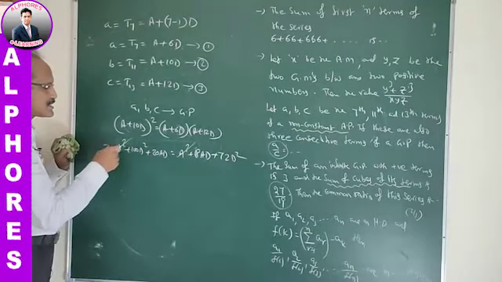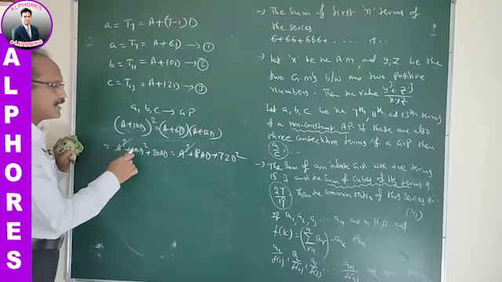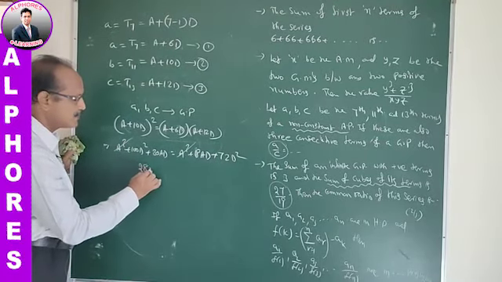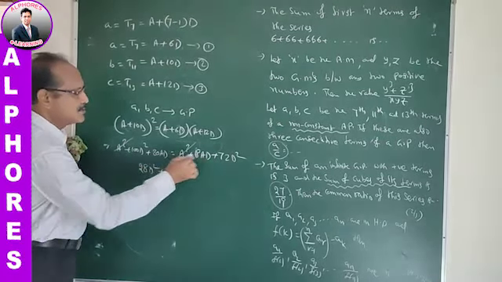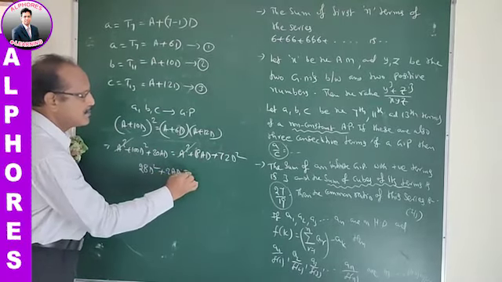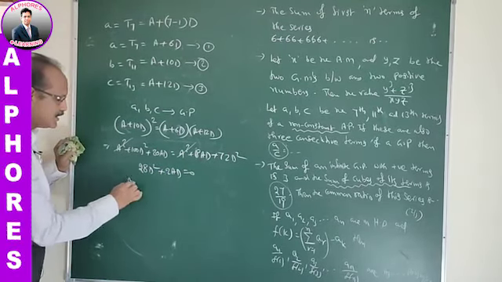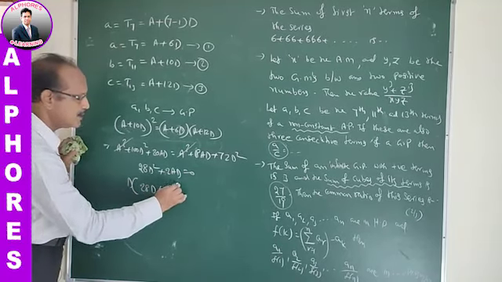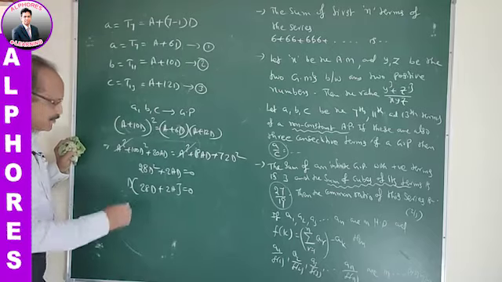Here A square gets cancelled, and 100D square minus 72D square means 28D square, and plus 2AD equal to 0. From this, D of 28D plus 2A equal to 0.